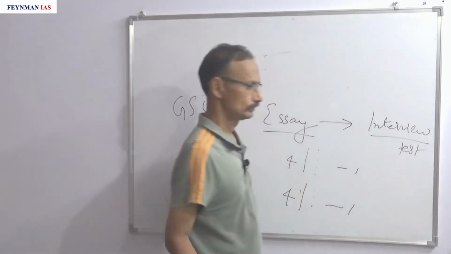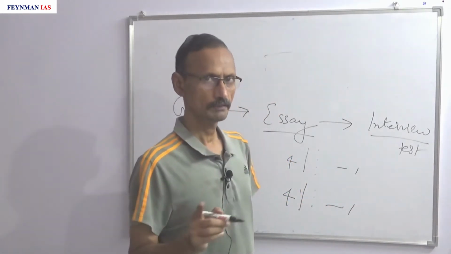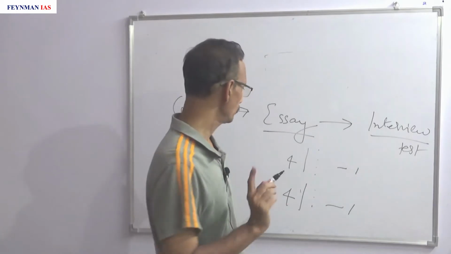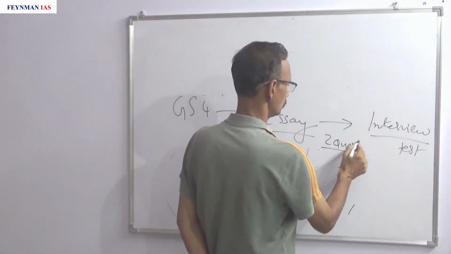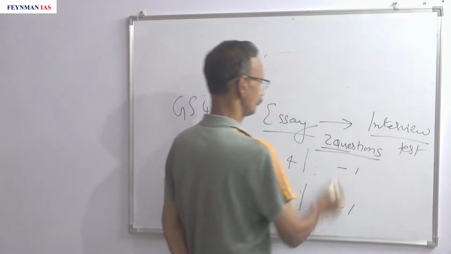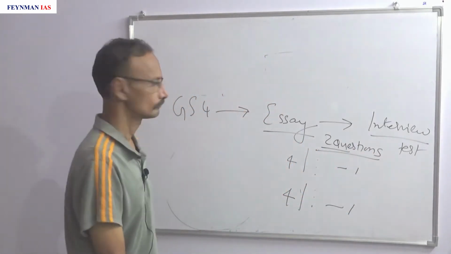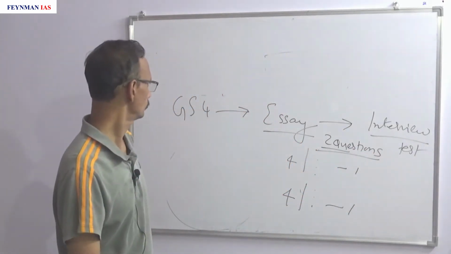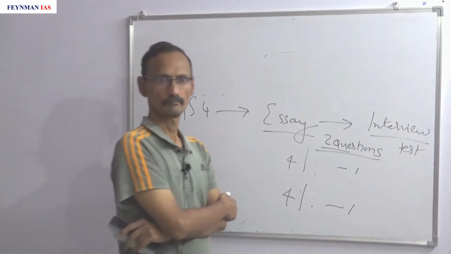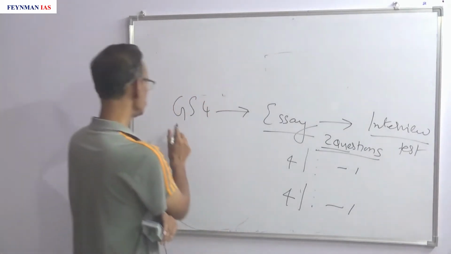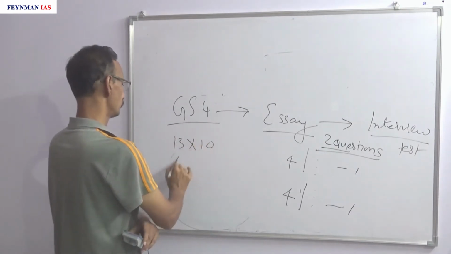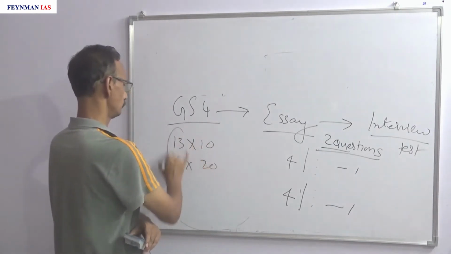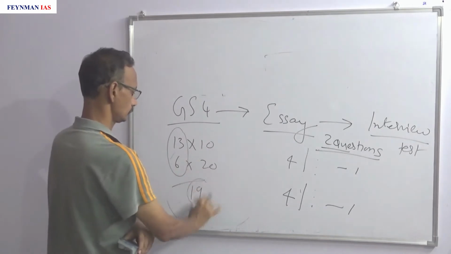So in a 3-hour examination, you are expected to write only 2 questions. Whereas in GS4, 13 into 10 plus 6 into 20, 19 questions.